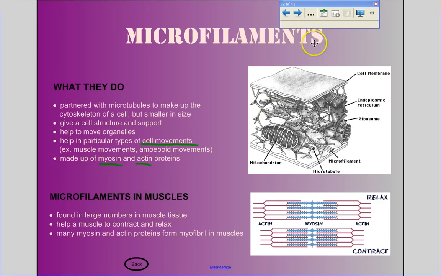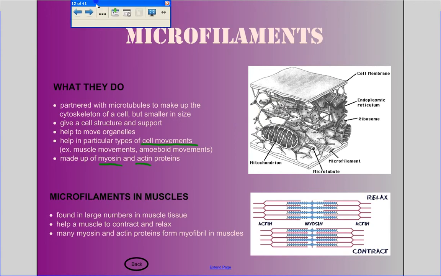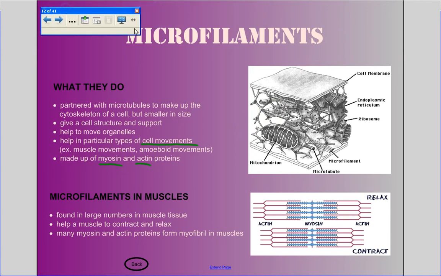Microfilaments are smaller. They're not like tubes. They're solid structure throughout. Okay, they're often partnered with microtubules. So they give structure and support to the cell, and they help to move organelles, but a little differently. And they help in other types of cell movements.